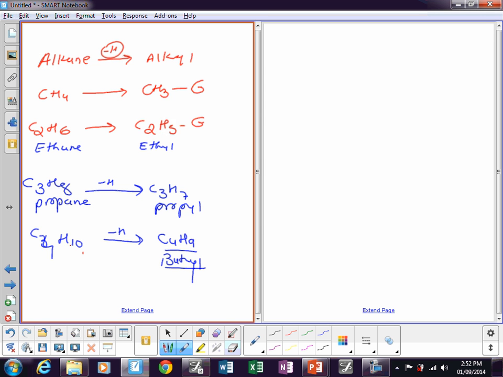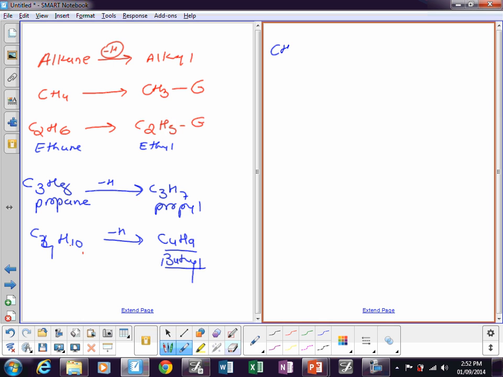Let's talk about butyl. See, this is your propane. Correct? Now in this propane, we know hydrogen has been removed. Okay, let's say, just for convenience sake, if I'm giving the number 1, 2 and 3, there are 3 carbon.